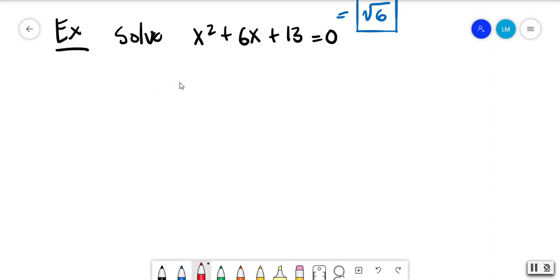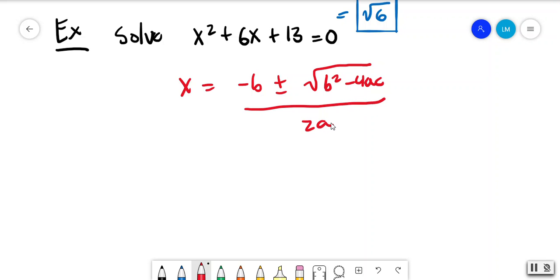The quadratic formula says that x equals negative b plus or minus the square root of b squared minus 4ac, all divided by 2a, where a cannot be equal to 0. So we have everything that we need: a is equal to 1, b is equal to 6, and c is equal to 13.